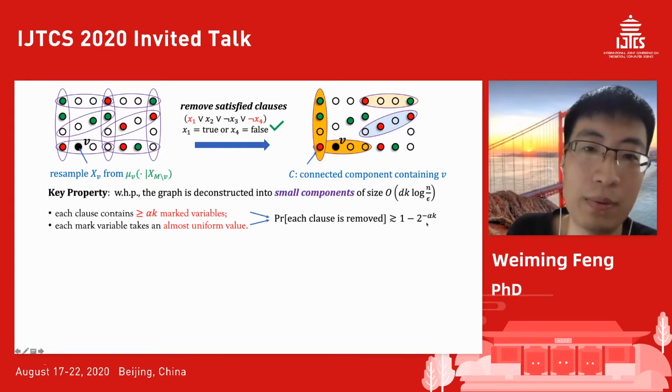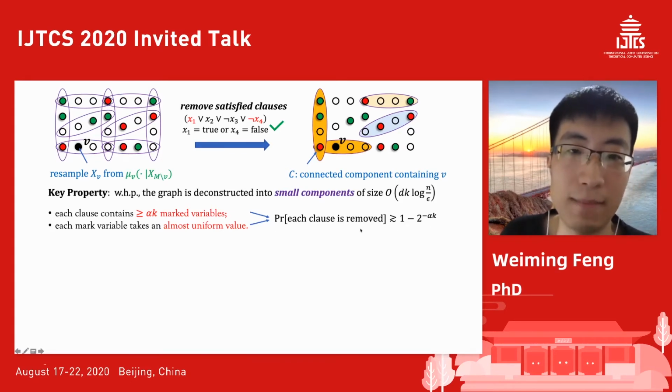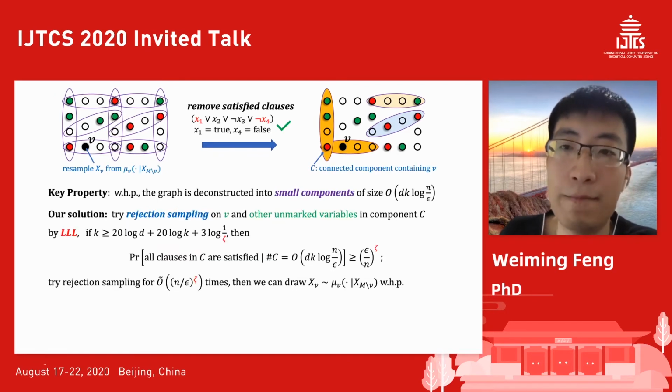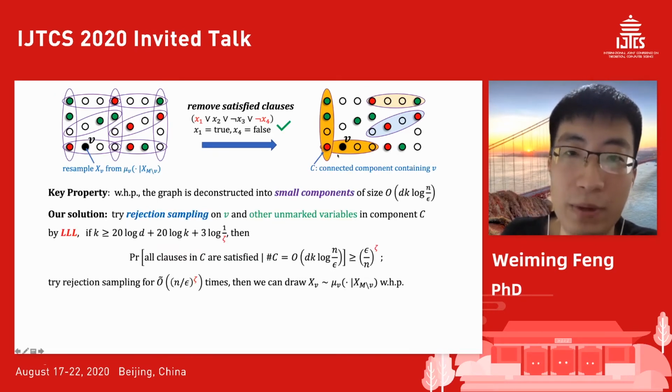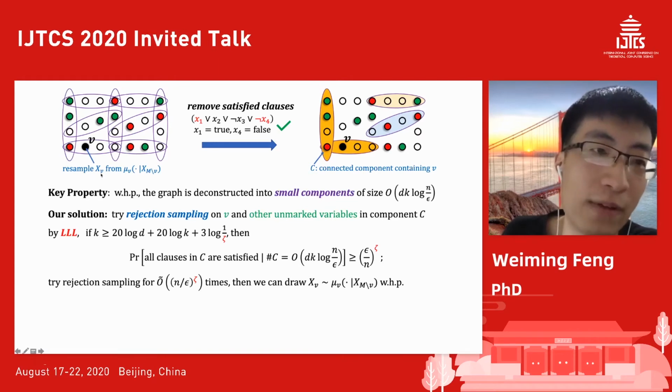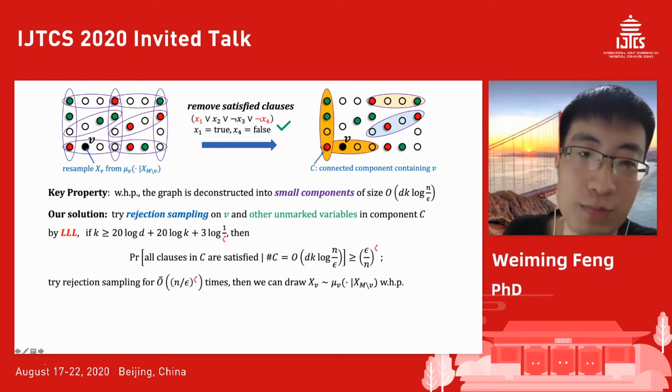So with high probability, each clause can be removed, resulting in a graph with only small connected components. Then we find the connected component C that contains the variable V. That is the yellow component in this picture. Now, to resample the value of x_V, we only need to process this connected component C.